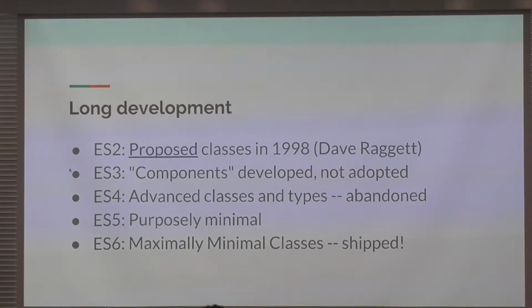In ES4 there was a very advanced class system, which was sort of an evolution of what you saw before, including static types. When ES4 failed and was abandoned, ES5 was intentionally minimal. So it intentionally added very few things, and so it excluded classes. And then ES6 added maximally minimal classes.